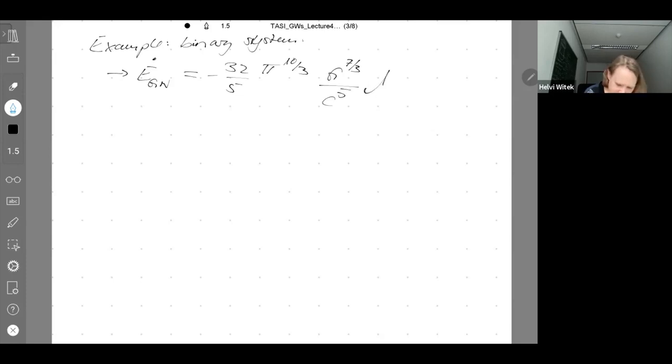And here we have again our chirp mass that we introduced yesterday, to the power of 10 over 3, times the gravitational wave frequency to the power of 10 over 3. Just to remind you, this curly M was the chirp mass, defined as m1 to the third times m2 to the third, the component masses, divided by the total mass to the power of 1 over 5.